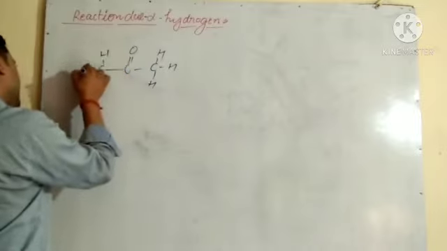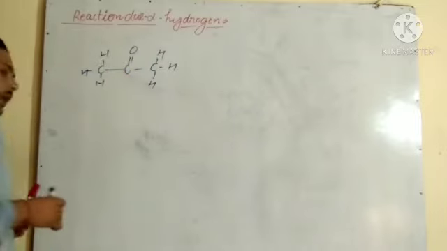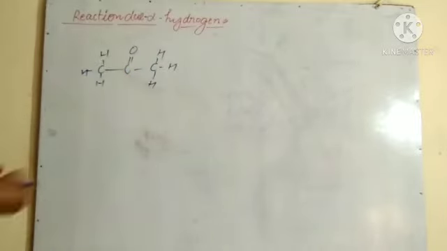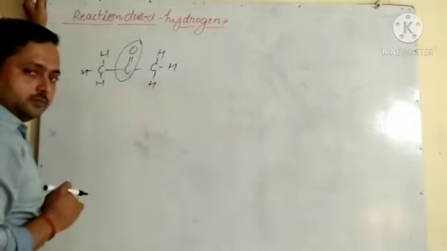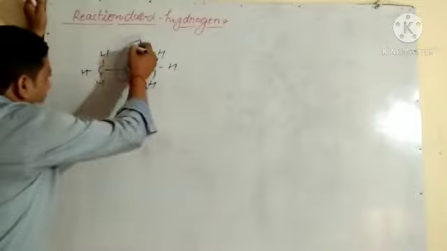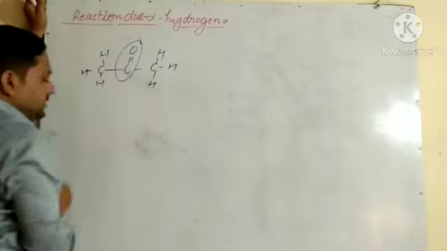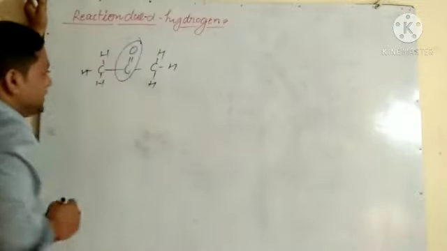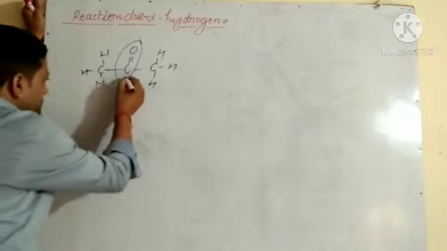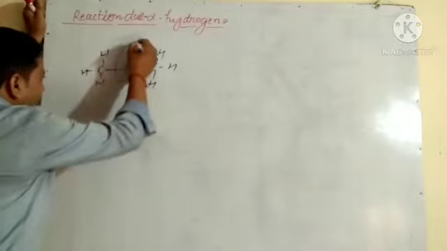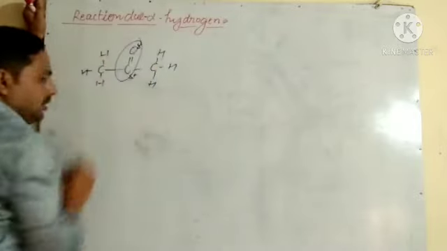Let us see the reason. Here the carbonyl group, carbon and oxygen, is polar in nature, so a positive charge develops on carbon and a negative charge on oxygen.